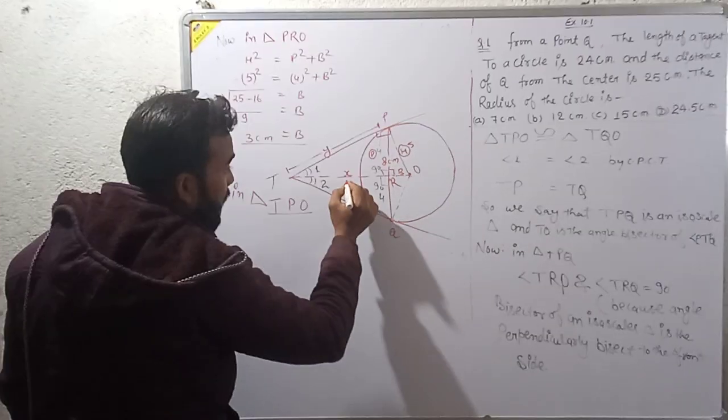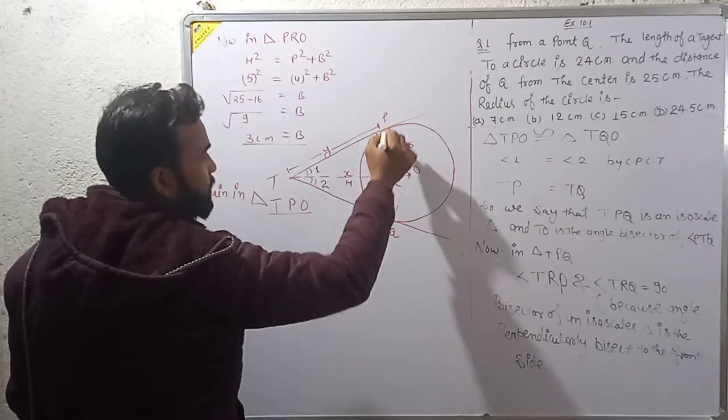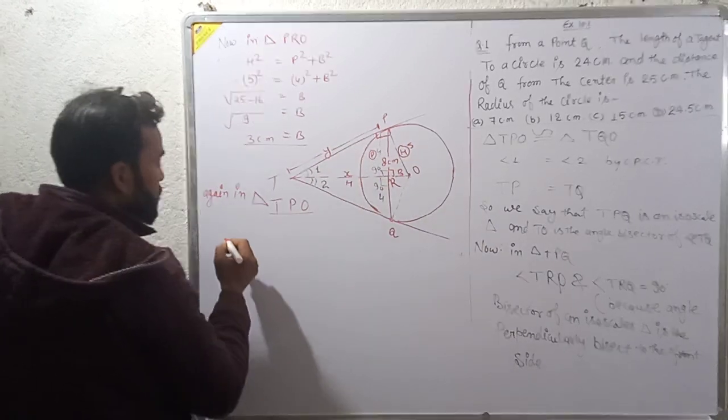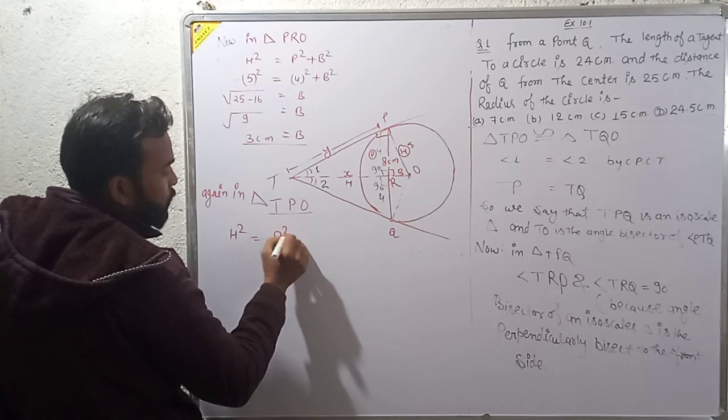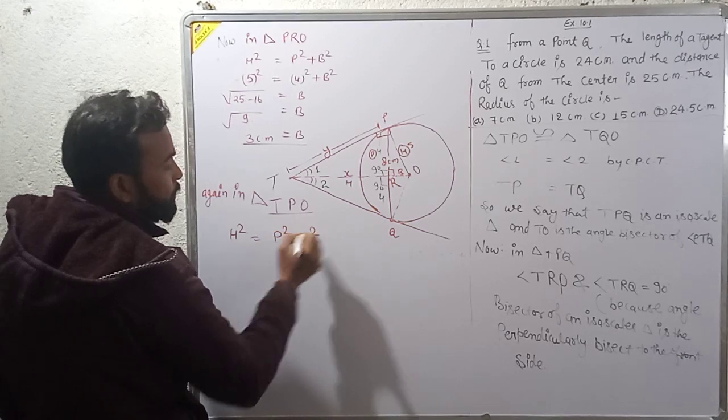So it will be hypotenuse, and this is the perpendicular and this is the base. So hypotenuse square is equal to perpendicular square plus base square.